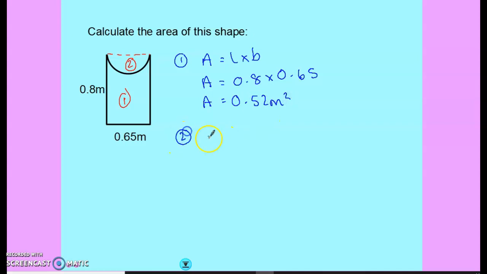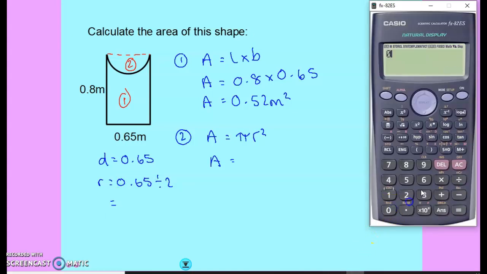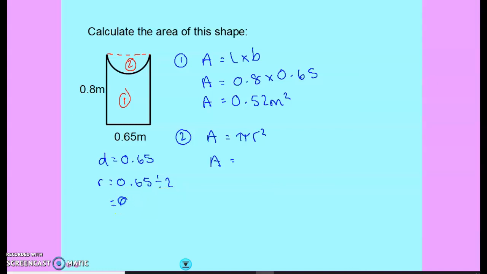Area of a circle is pi r squared. Diameter is 0.65. So my radius is half of that, so I need to divide it by 2. That's 0.325. It's pi times 0.325 squared.